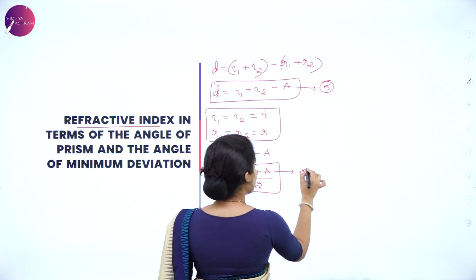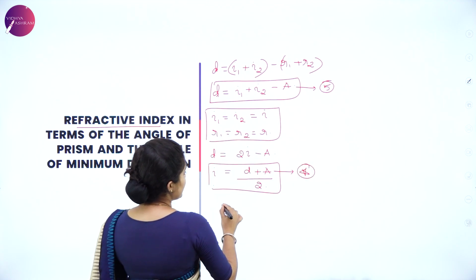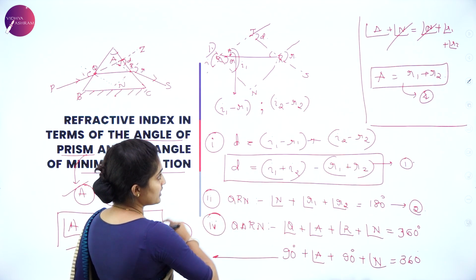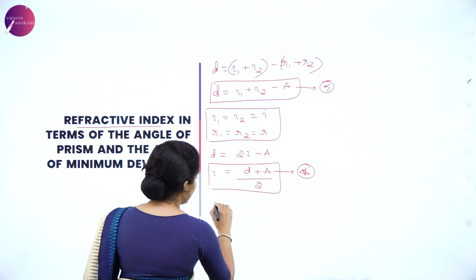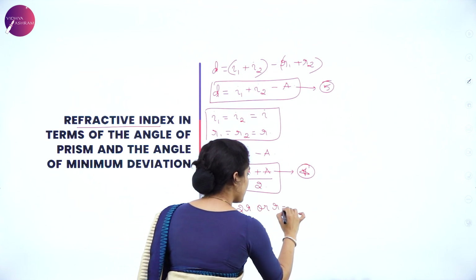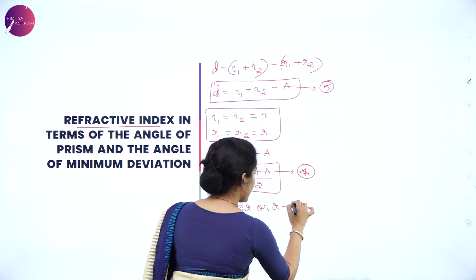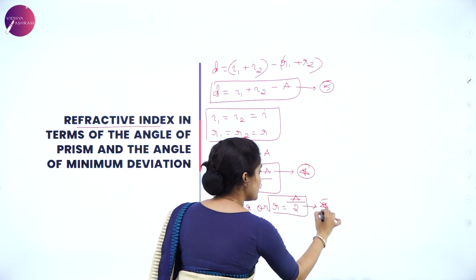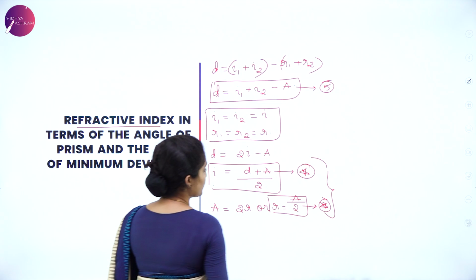Let me consider this as equation star. Similarly, with respect to R, we have A is equal to R1 plus R2, so A is equal to 2R, or R is equal to A by 2. So we have this also as equation star. These two are the set of equations we have to know.